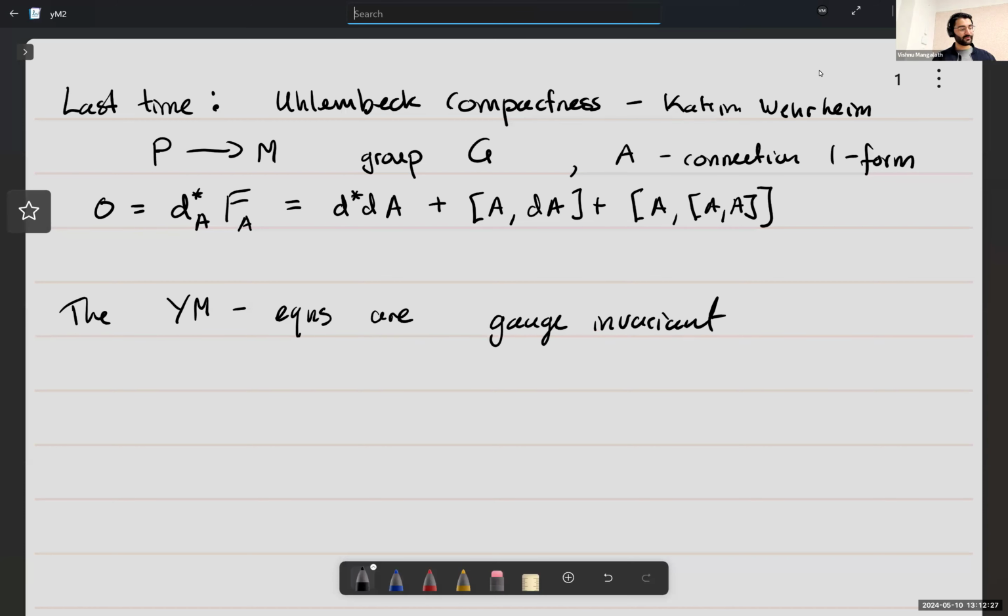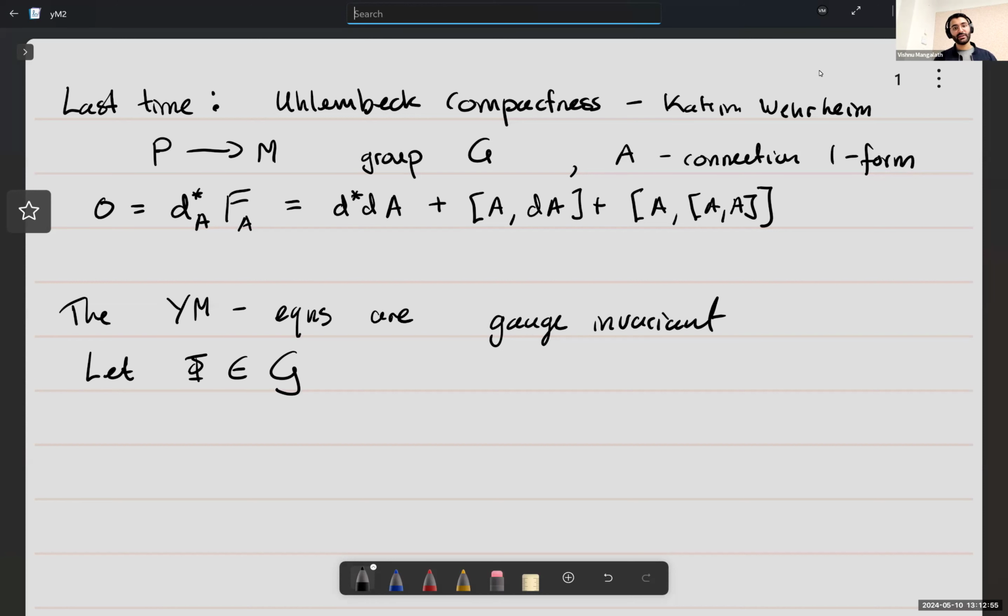So to give another explanation as to why this is a problem for finding bounds on norms of A, if we have a gauge transformation, so I had this space which I called curly G. That was the space of gauge transformations of P, right?